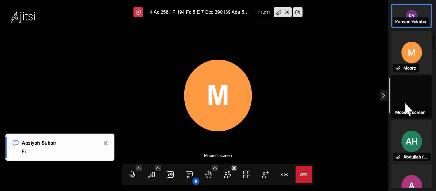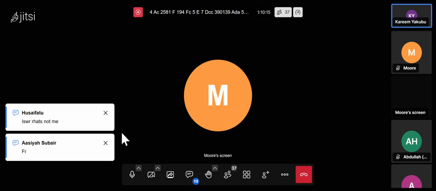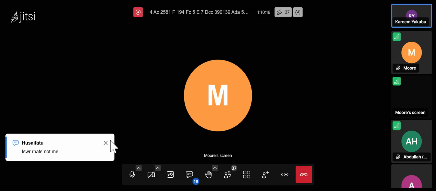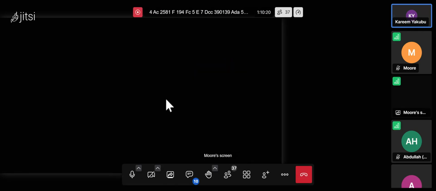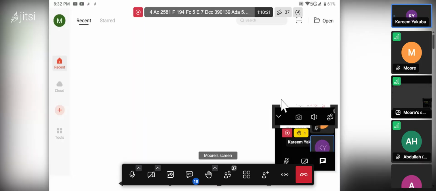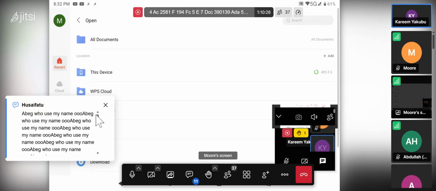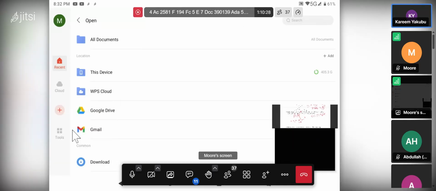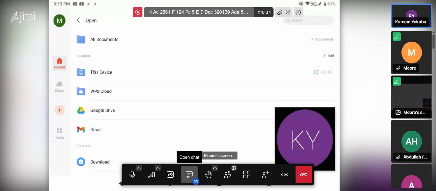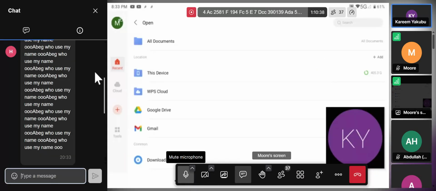The person that dropped the hand is back. Don't type anything on the screen again. Don't type anything on the chat board again, please. That's the last warning.